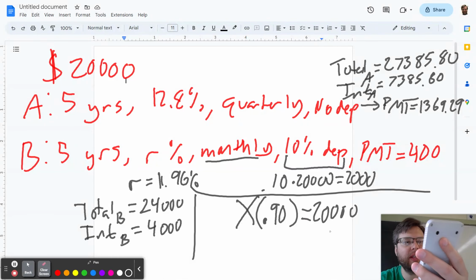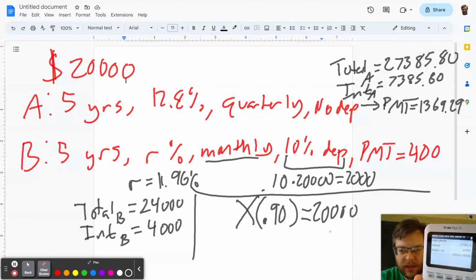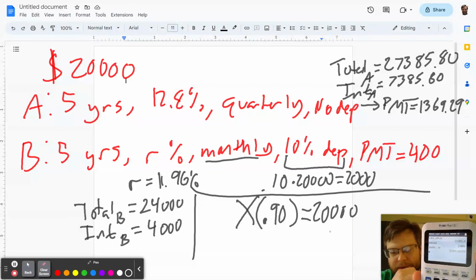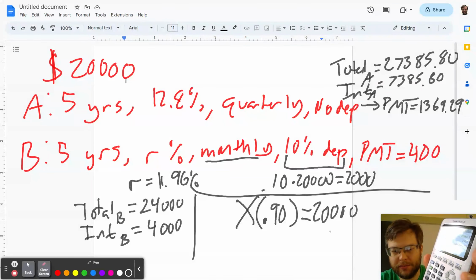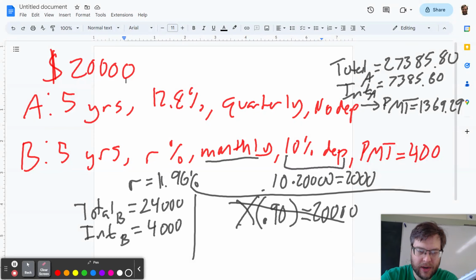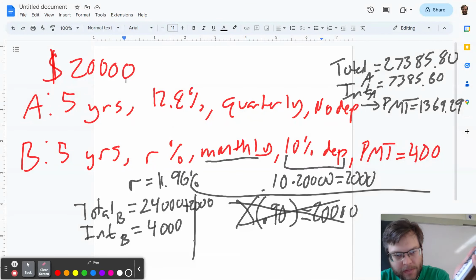And so if you do 20,000 divided by 90%, that would mean this is the initial cost of the car. Now, I don't think that that's the right way to interpret it because then that car costs more than $20,000. So you couldn't really compare option A to option B that way. So I think that the way I compared it makes more sense. So the total payment here for the 24,000 is a little bit misleading because I should add the $2,000 deposit.